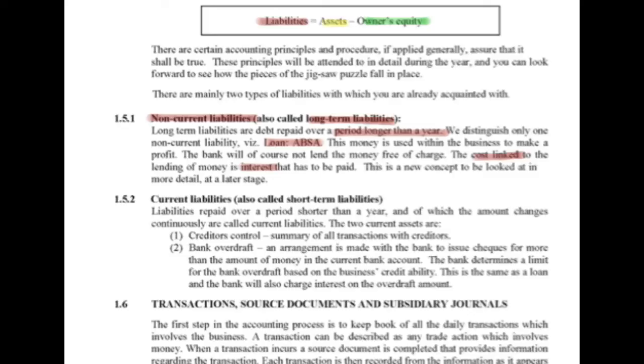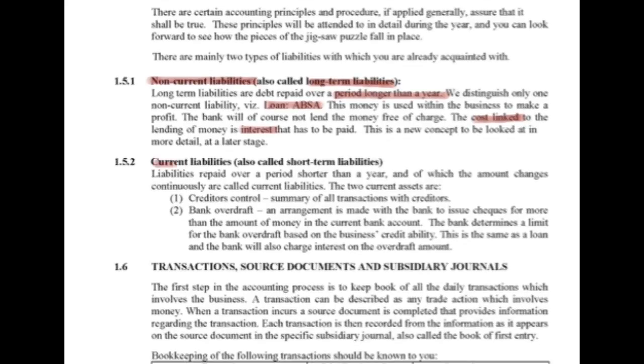So non-current liability is a liability where the bank allows you to not pay back all the money immediately, but to take your time, a year or longer, to pay back. The second type of liabilities is your current liabilities. Current means now, so that's your short-term liabilities, your now liabilities.